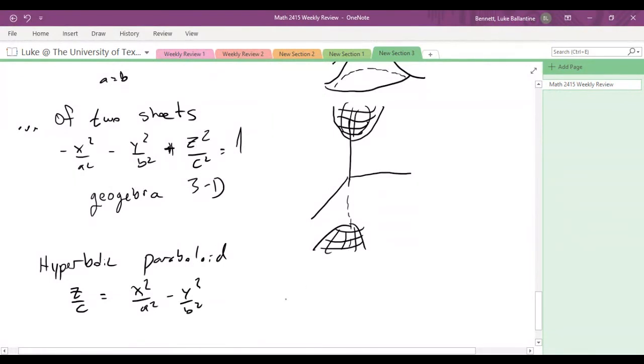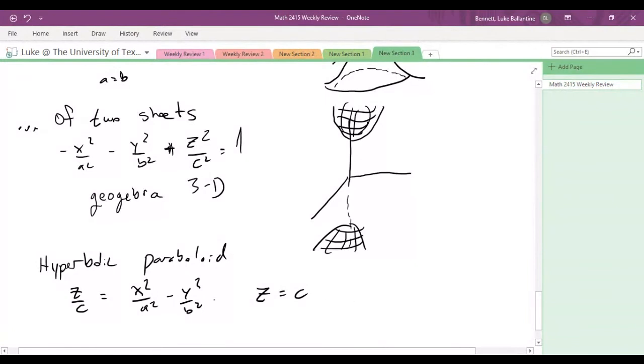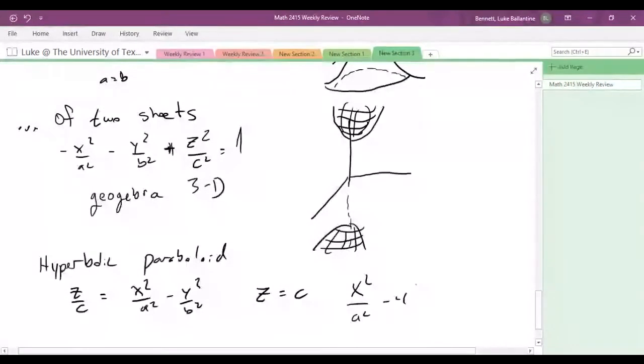So we can see if we do horizontal traces, like suppose z equals c, then we would have what shape or what conic section? c over c is equal to 1. That's a hyperbola. So all the horizontal cross sections are hyperbolas, and we got parabolas for the vertical traces.